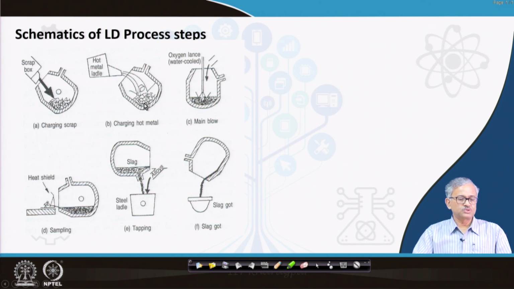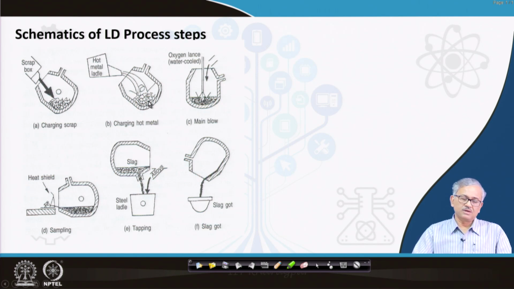So, it has two advantages actually. One thing is that if you use the scrap first and then you put the hot metal, then the hot metal directly does not hit the refractory wall, because if it does, it will give rise to some kind of erosion. But if you just charge the liquid steel over the scrap, then the scrap gives a cushioning effect over the refractory.